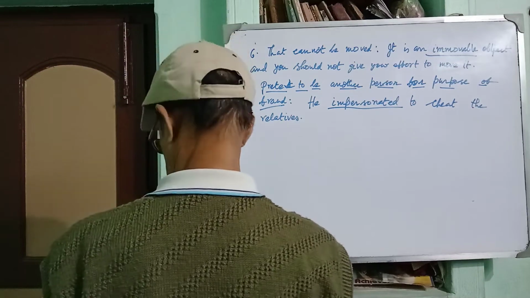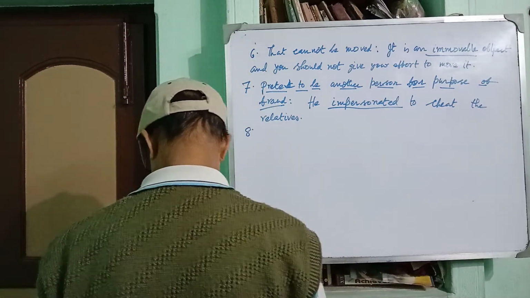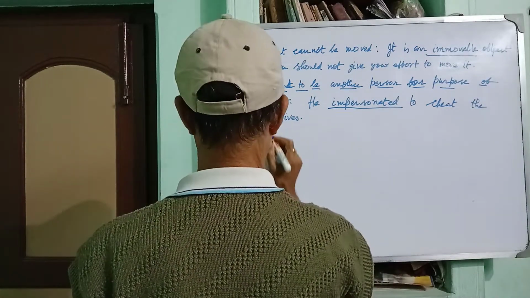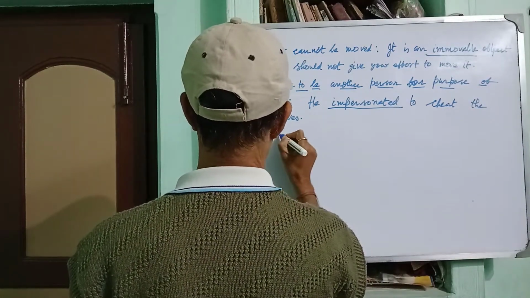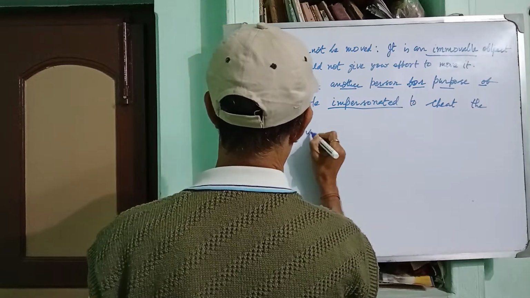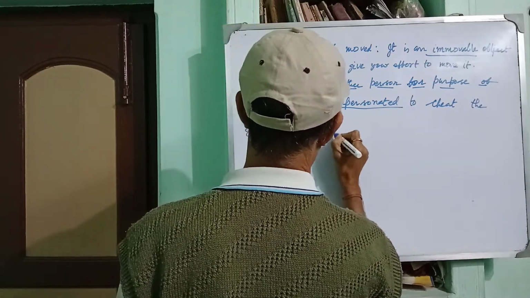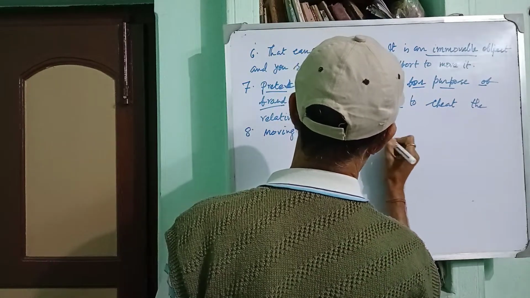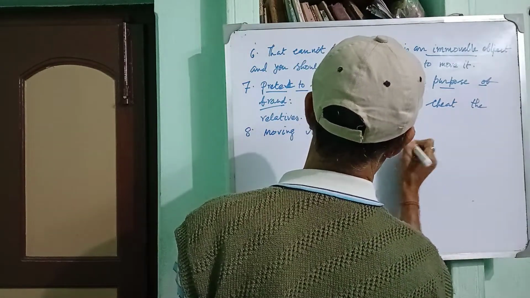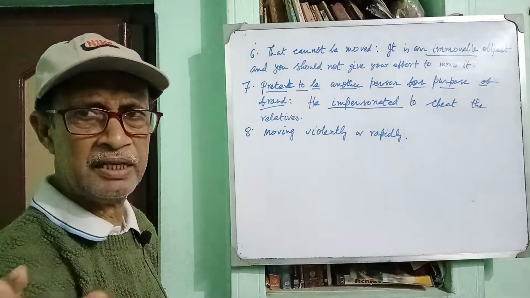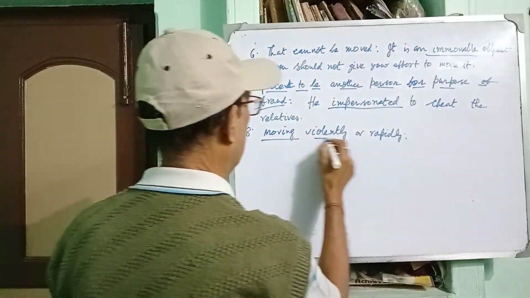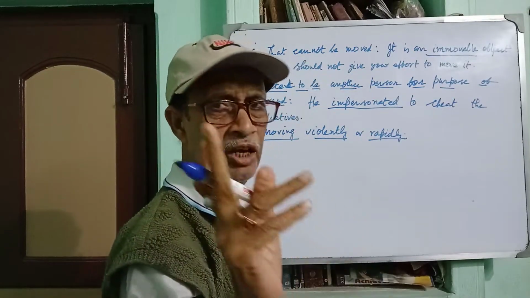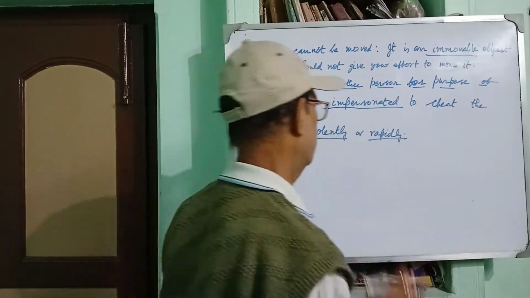Number 8. For example, moving violently or rapidly. Okay? There are 3 words and a single word can replace these 3 words.